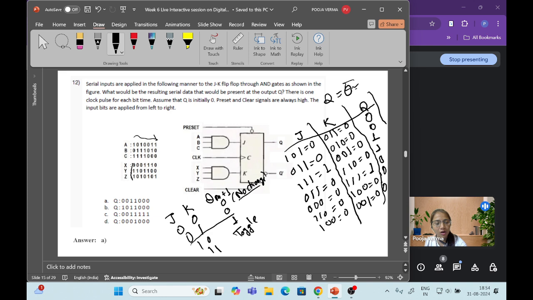So what output have we got finally? 0, 0, 1, 1, 0, 0. This is Q. So let's match to the answers. 0, 0, 1, 1, 0, 0. Option A, right? Yeah.